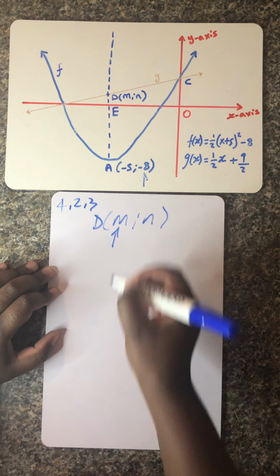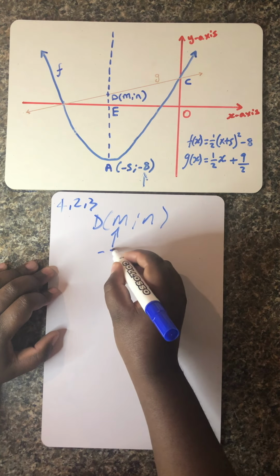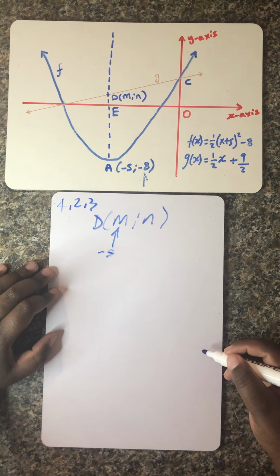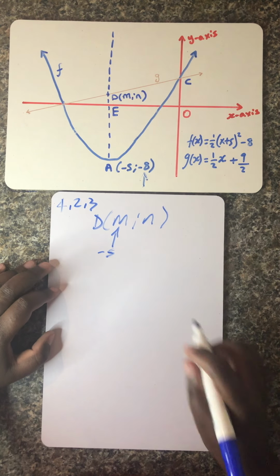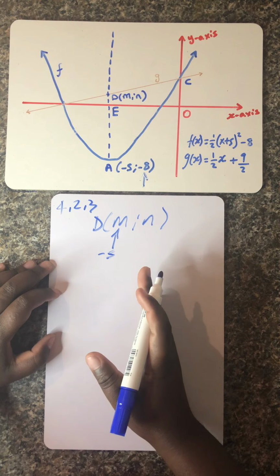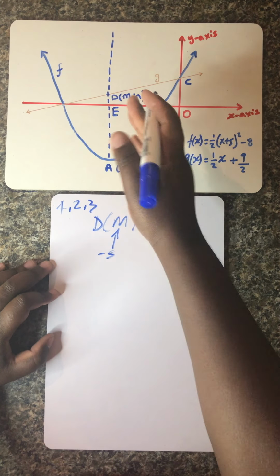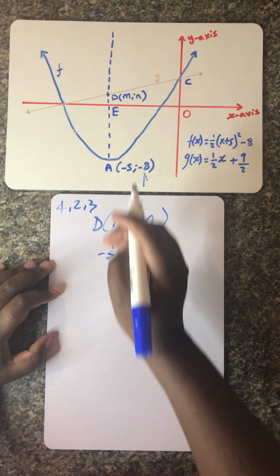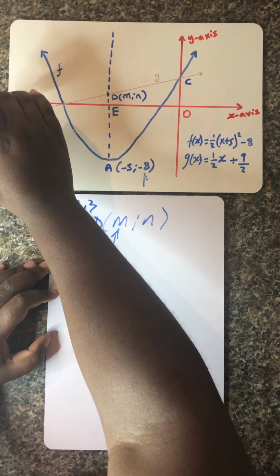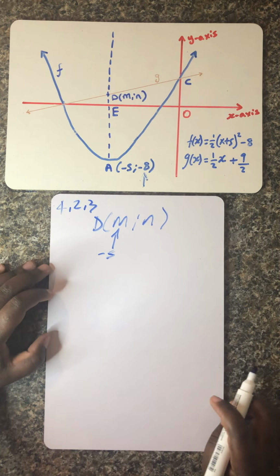And again, we already know that D is -5. Remember, -5 is the x value of the axis of symmetry. So that means the axis of symmetry touches the x-axis at -5.